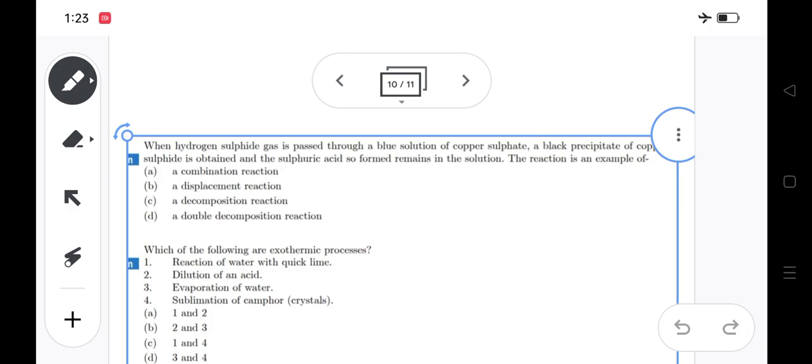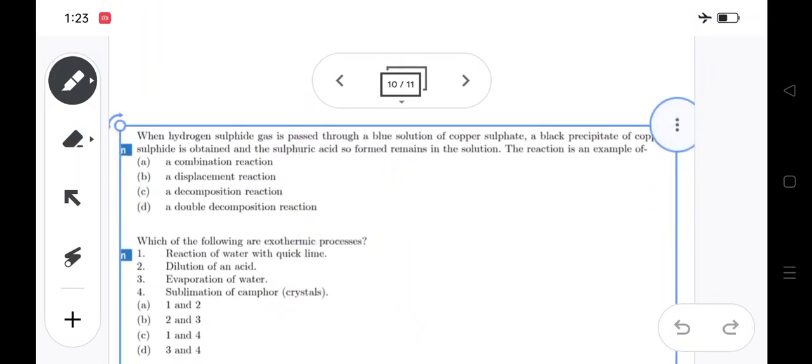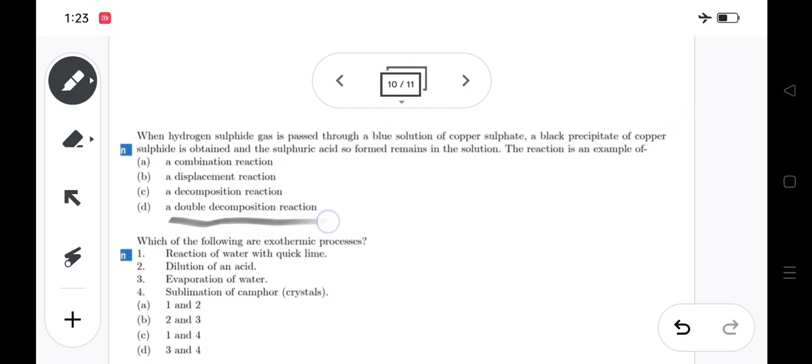The reaction is an example of... option D is actually given as double decomposition reaction. Instead of that I am making it as double displacement reaction. So the answer will be double displacement reaction, not decomposition. Maybe some printing error happened. Okay, then next one.